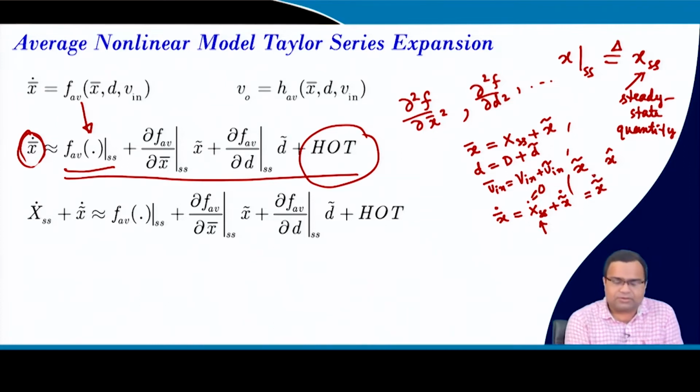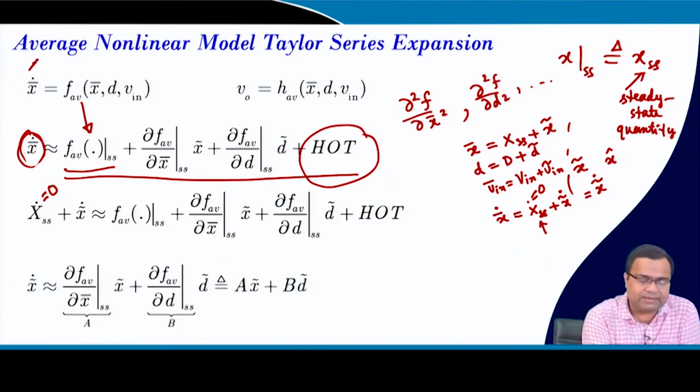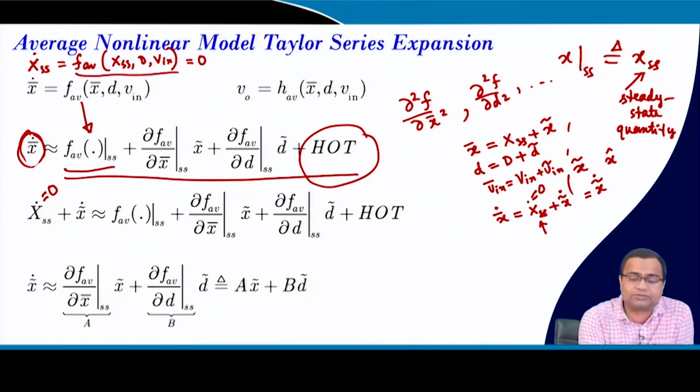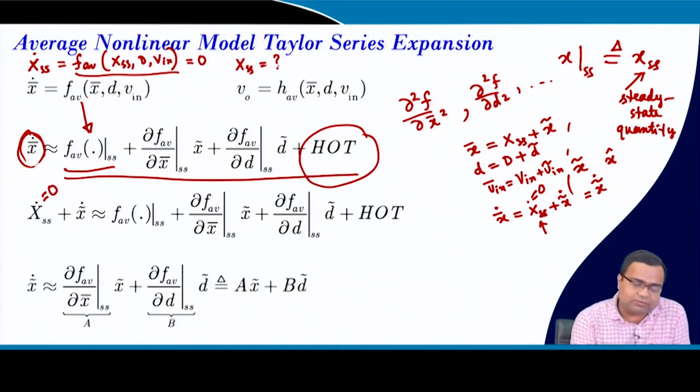Similarly, if I simply take the steady state, x_ss dot will be equal to f average at x steady state, capital D, capital V. This term must be 0 because this is the steady state operating point. From this we can solve for x_ss in terms of duty ratio, input voltage and so on. So, this quantity will also be 0 at steady state, that we have discussed.